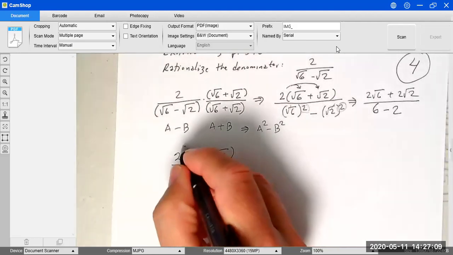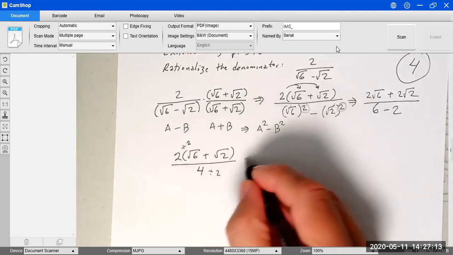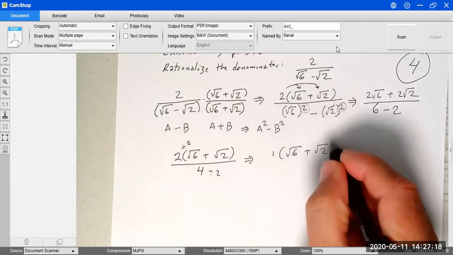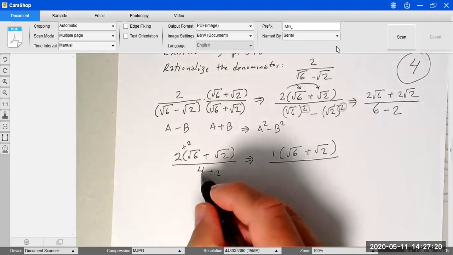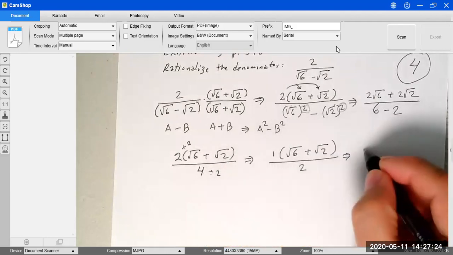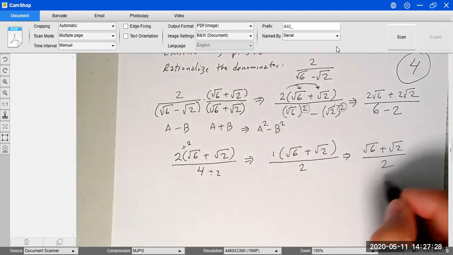That's the way that you simplify this coefficient. So 2 over 2 is going to be just 1, square root of 6 plus square root of 2, and 4 divided by 2 is going to be 2. So the final answer is just square root of 6 plus square root of 2 over 2.